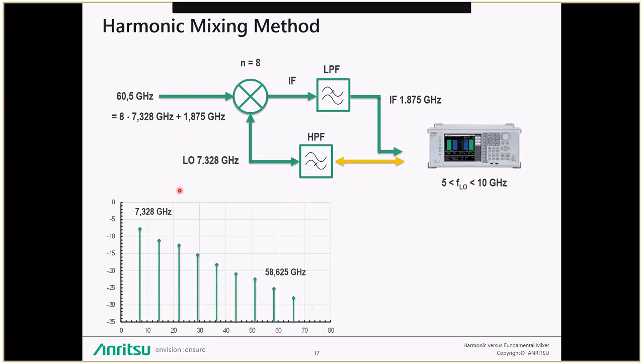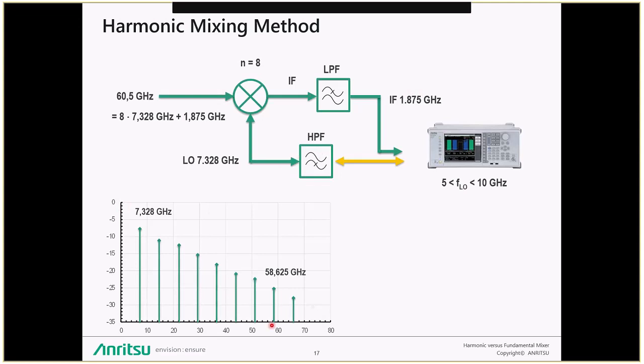In this case, we are using a frequency of 6.328 GHz for the local oscillator, and we will use the 8th harmonic. If you make the numbers, we can see that we can get the appropriate IF to be analyzed, and hence we can analyze the signal.